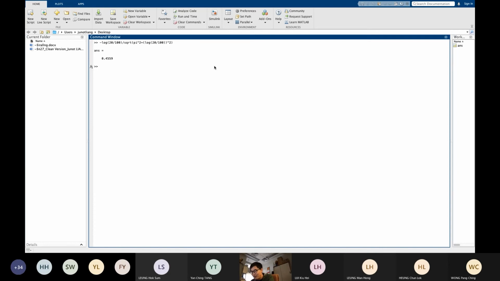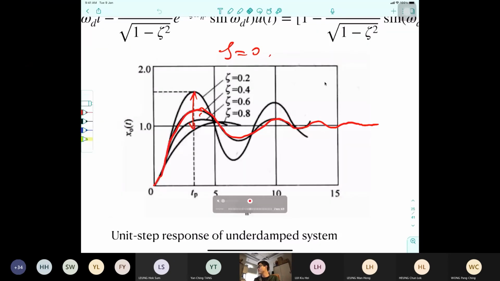Then in the underdamped second order system, we calculated that the time response is a decaying sine function, negative plus 1. Therefore, we got a figure like this.